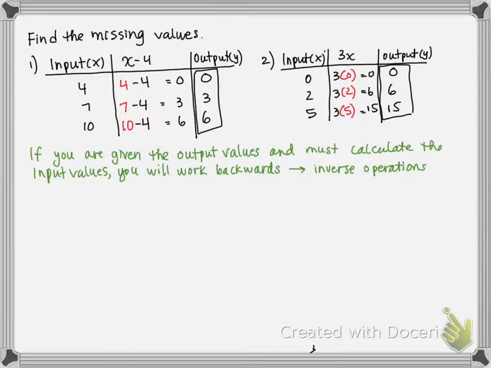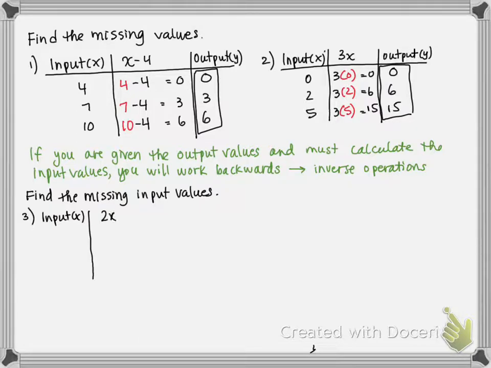Okay, so on example number 3, directions are going to say find the missing input values. So on this one, we're going to be given input is x, and then we're going to have the rule is 2x minus 1.